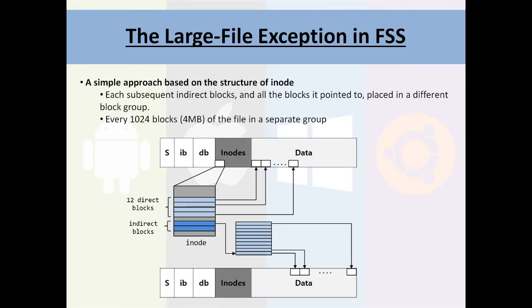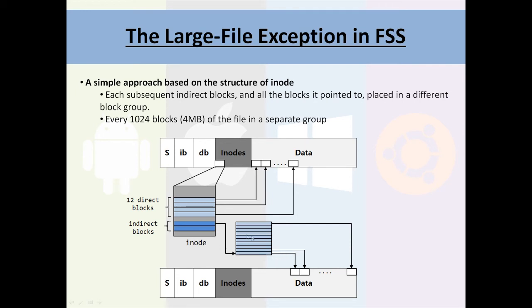So for large files, FFS does the following. After some number of blocks are allocated in the first block group, that is our chunk size, FFS places the next large chunk of the file, which is basically those pointed to by the first indirect pointer, elsewhere. So our direct pointers would be pointing to data within the same block group, and then our indirect pointer would be pointing to data that would be stored in another group.